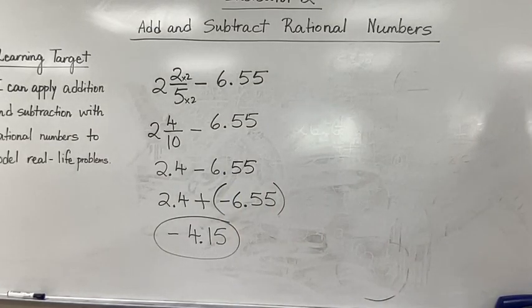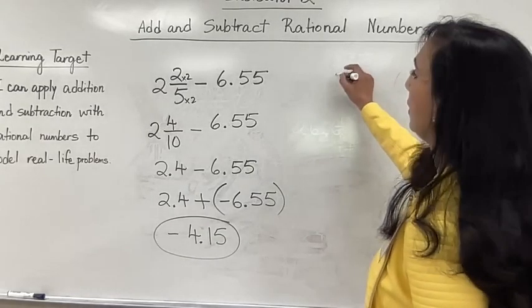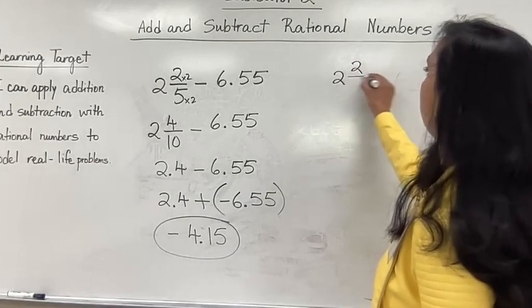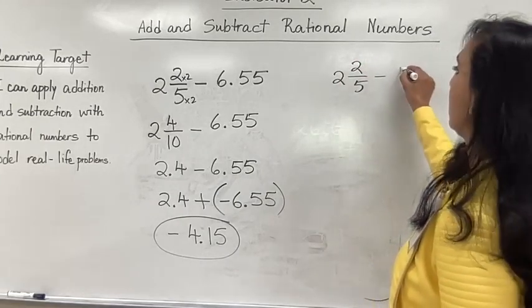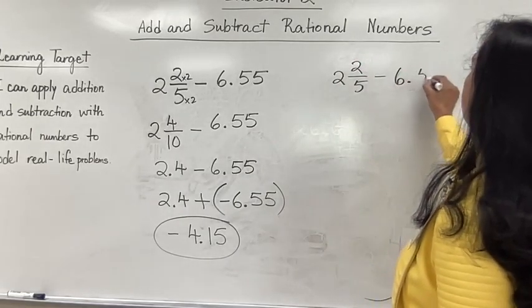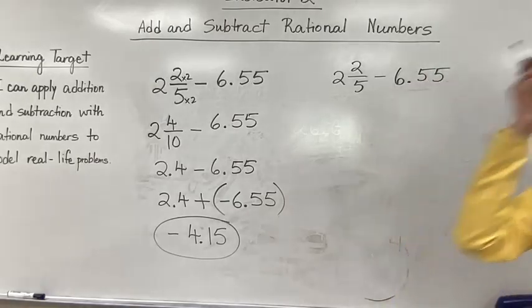We can also rewrite using fractions or mixed numbers. So I'm going to do the same problem, but now I'm going to convert both of them to the fractional form. I had 2 and 2/5 minus 6 and 55/100. This is what I had, right?